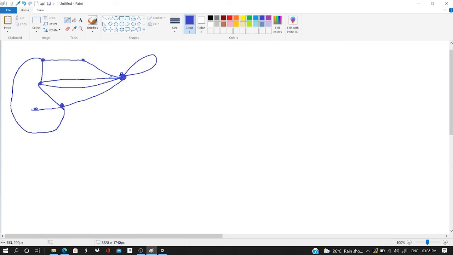Now we can mark the faces like this. Suppose this is our region 1 denoted by F1. This is our region 2 denoted by F2. This is our region 3 denoted by F3. This is our region 4 denoted by F4. And this is our region 5 denoted by F5, that is a self loop. And the outer region, that is a big region, is denoted by F6. So here there are 6 regions.